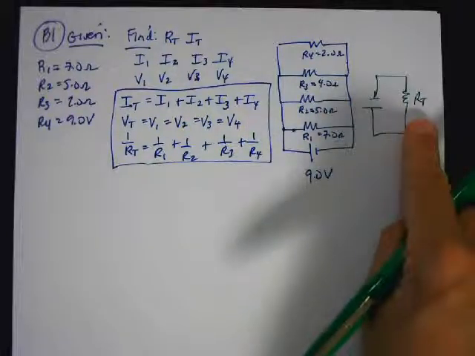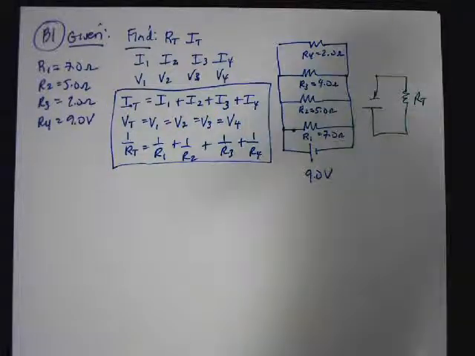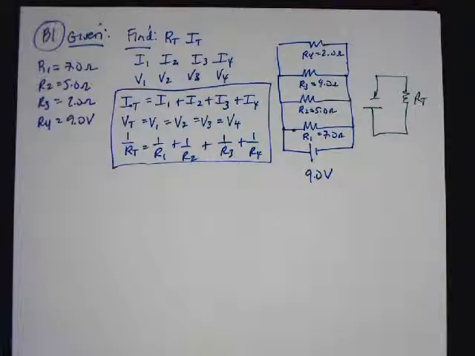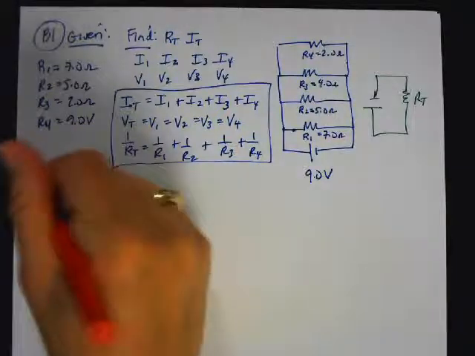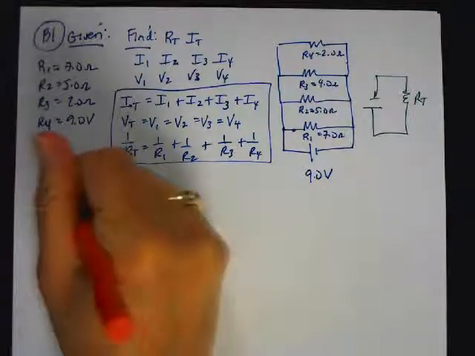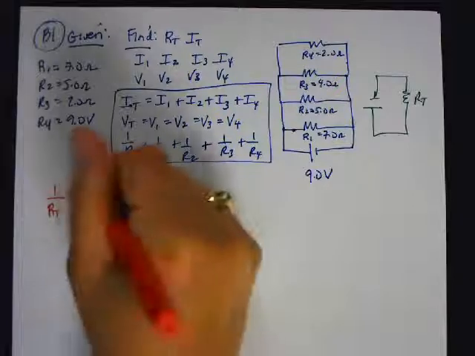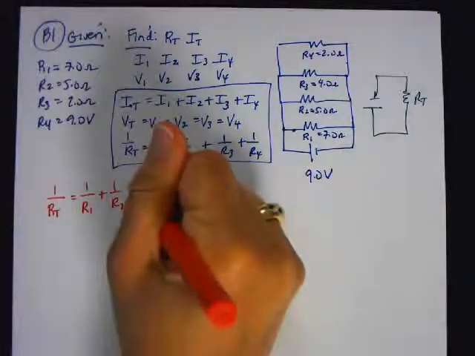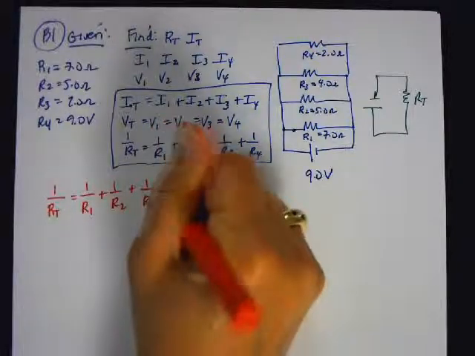That's why it's called an equivalent resistor. Okay. So how would I find that? Well, I would find that by using the equation 1 over RT is equal to 1 over R1 plus 1 over R2 plus 1 over R3 and 1 over R4.